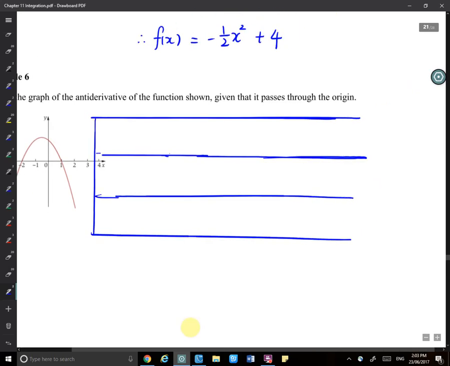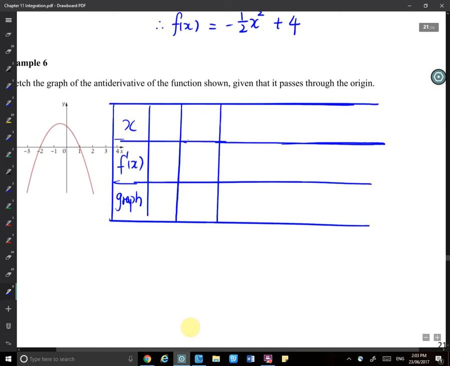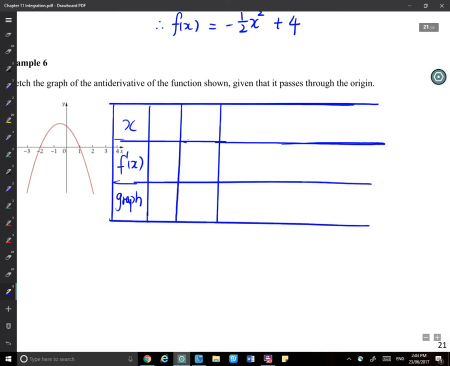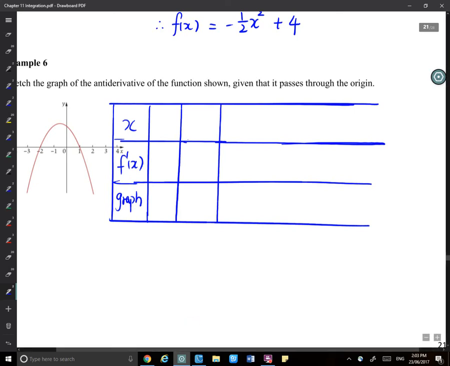Remember that table, you have x value, f'(x) value, and graph. So first one is always empty. Second one is the first number that can make the derivative equal 0. So what should I put inside here? The first x value that makes the derivative 0, on the left-hand side. So I will have -2 here.